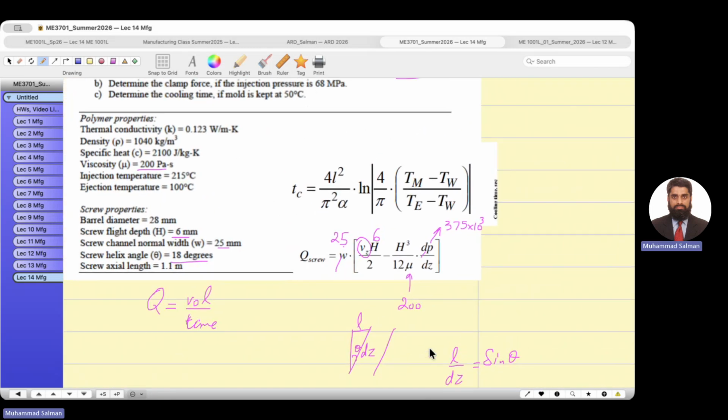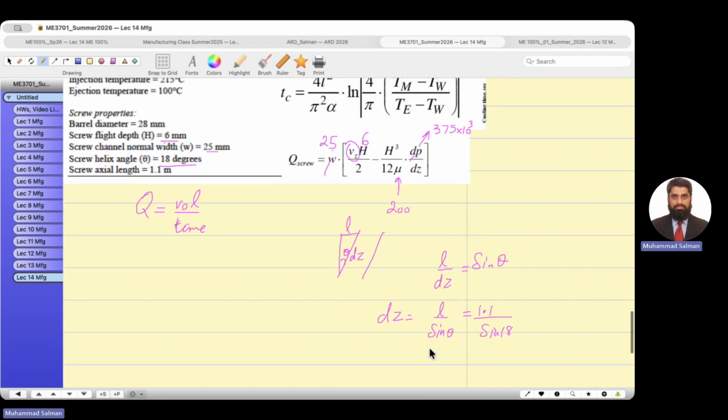So let's find it out. And VZ, you can find VZ. Suppose this is my screw. This is the barrel and this is the screw. And the tangential velocity of the barrel or the screw, they are the same. But this velocity has two components.